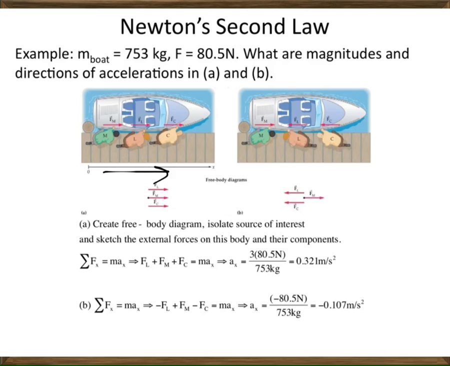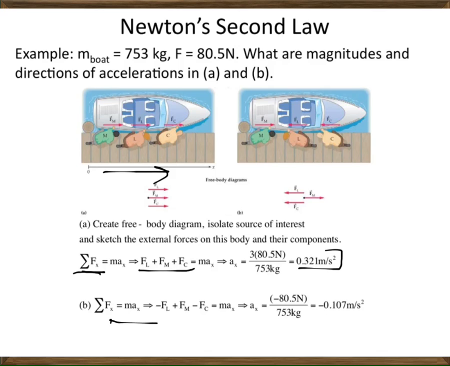Since all the men are pushing in the same direction, the total of the forces must be the sum of all 3 forces, and they are in the same direction. 3 times 80.5 newtons is the total force, and if you divide it by the mass of the boat, you will find the acceleration toward right, 0.321 meters per second squared.